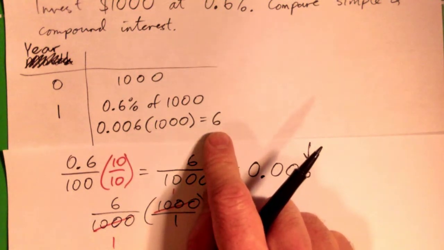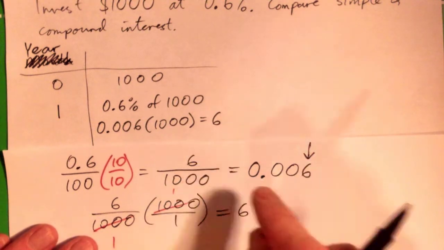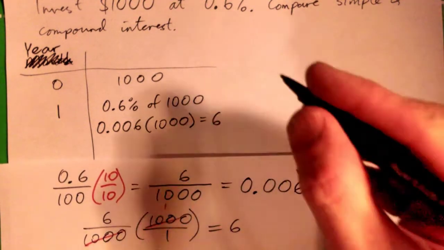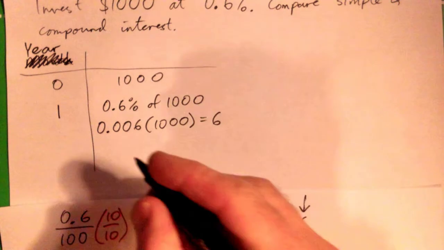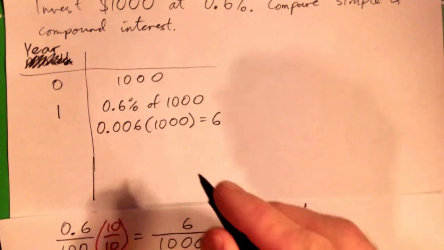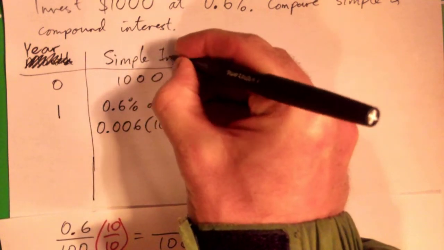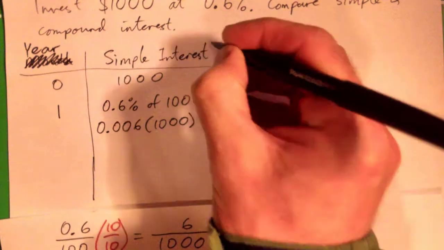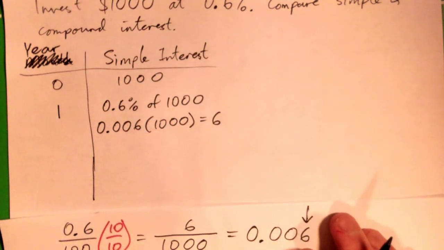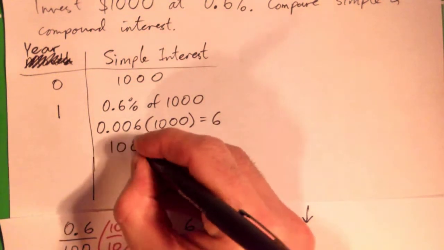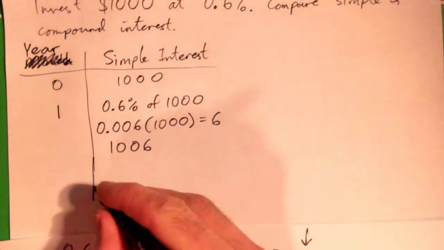So this is simple interest, and then the balance. What's the balance after 1 year with simple interest? So it's 1,006. We just add on the $6, right?